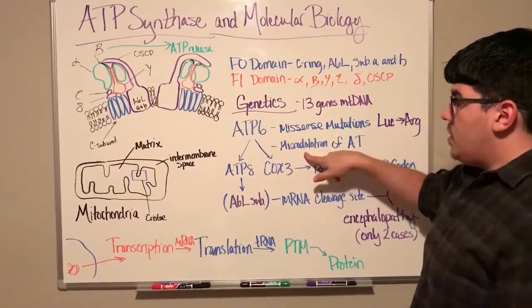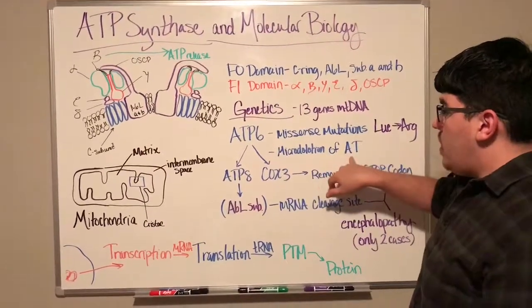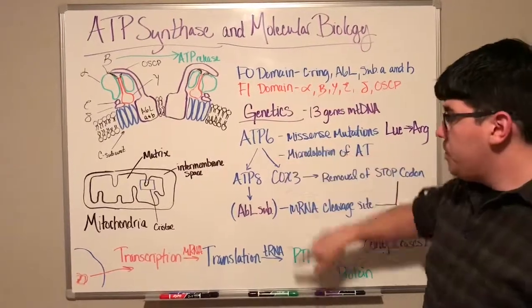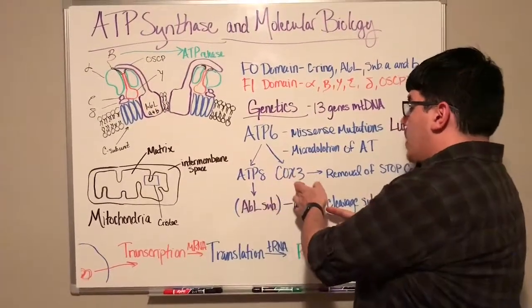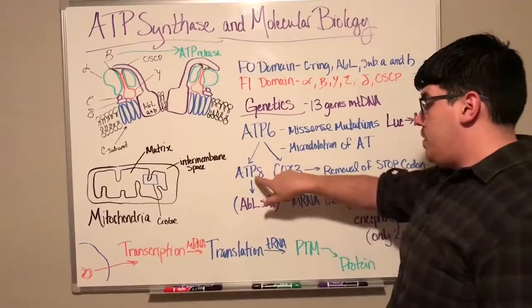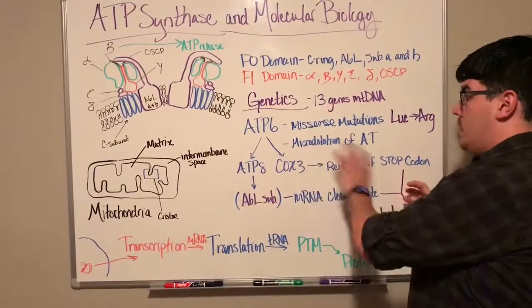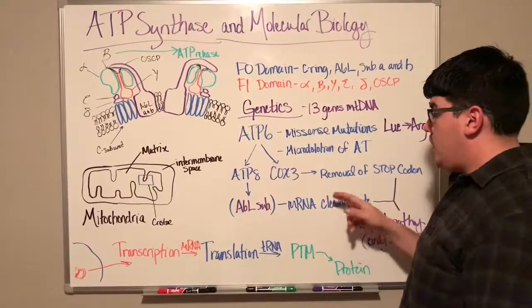Now, this one we didn't actually go over that much in the last video, which is the microdeletion of the AT region of the ATP6 gene, which is actually said to overlap the ATP8 and the COX-3 gene. And two different things happen when there is a deletion of this ATP6 gene.